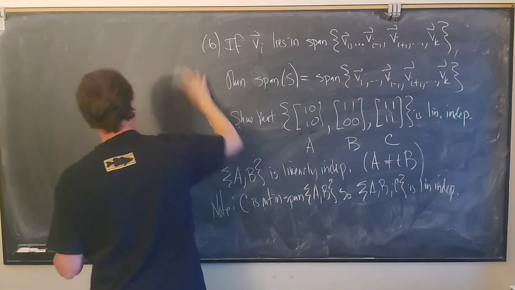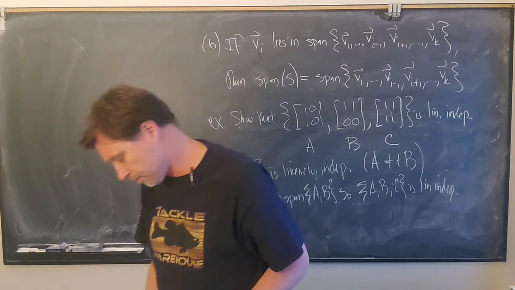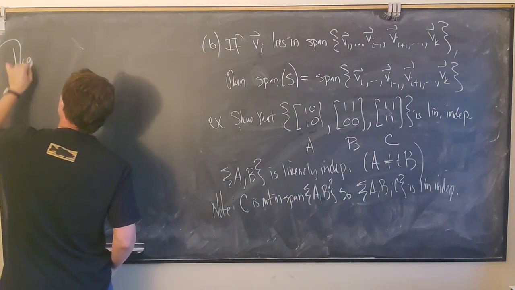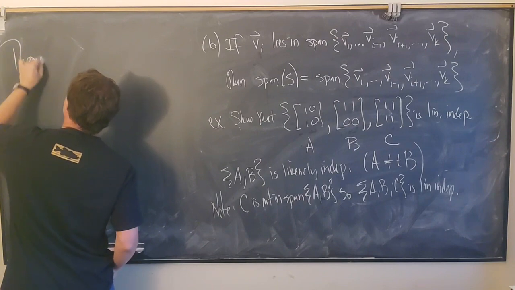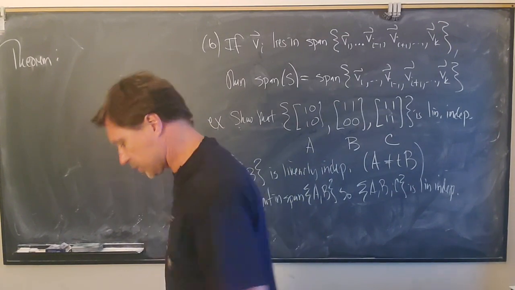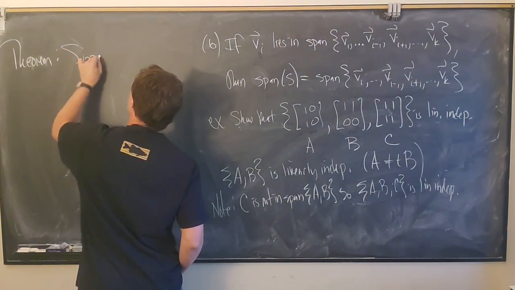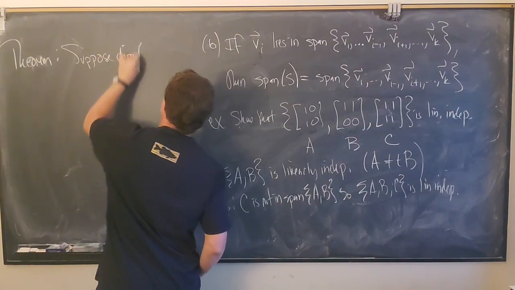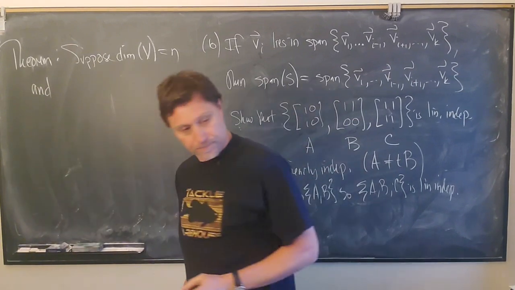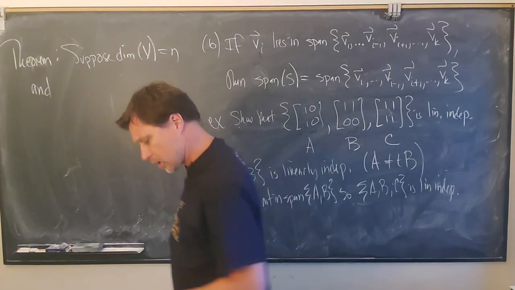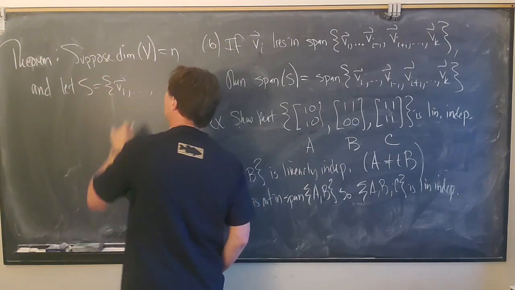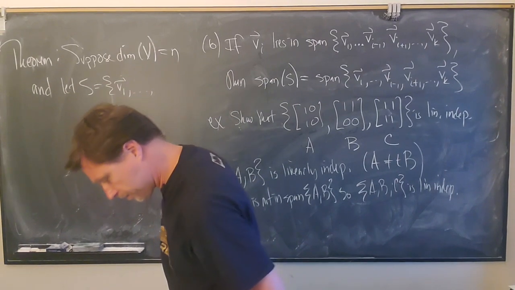Now, I'll do a couple more facts. This one really captures the idea of dimension. So, theorem: suppose the dimension of V equals n, and let S equal V1 up through V sub n.